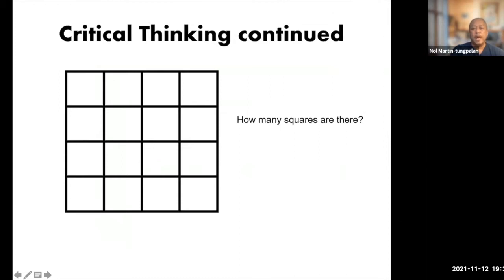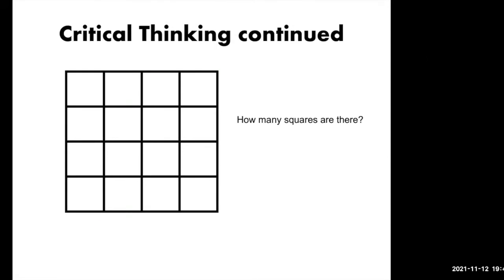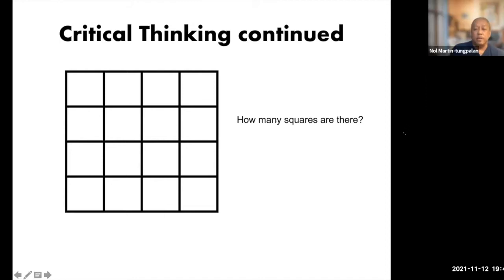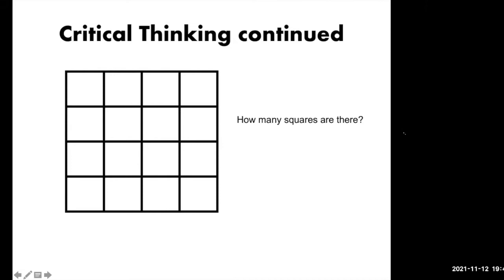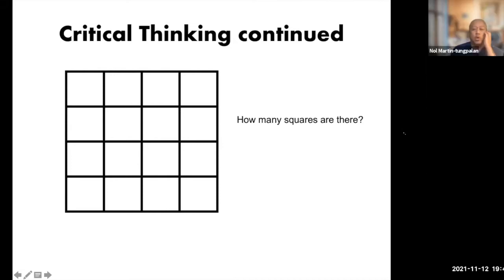So type it in chat if you know how many are there. I just want to see where everyone is with this. It's critical thinking, so you want to really think about how you're going to answer this.